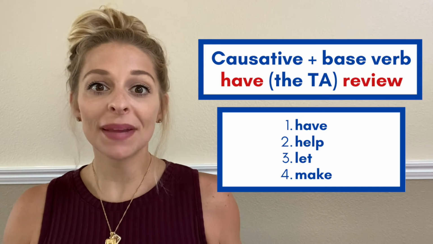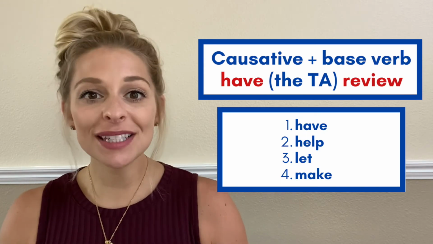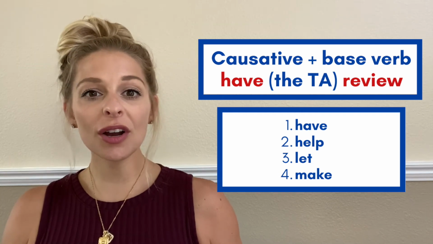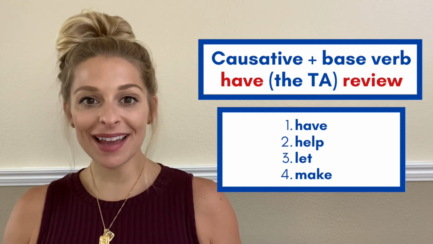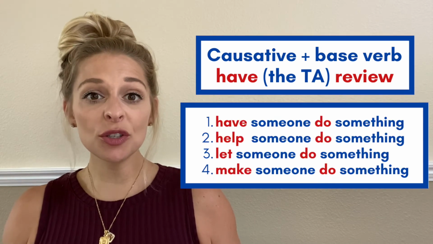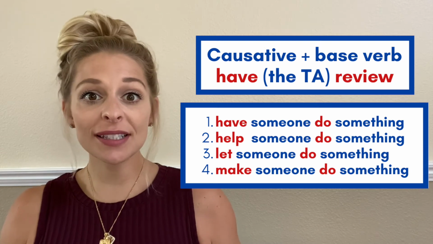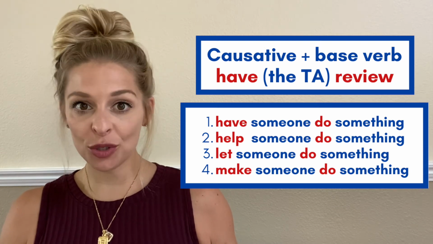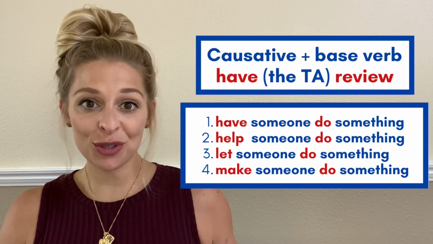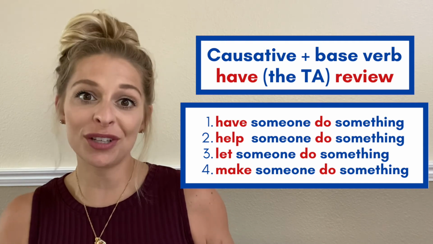So like I said, most causative verbs are followed by the infinitive form, but there are just 4 that take the base form. And those four are have, help, let, and make. When memorizing these, again, it can be useful to memorize them with the base verb attached. For example, have someone do something, help someone do something, let someone do something, and make someone do something.